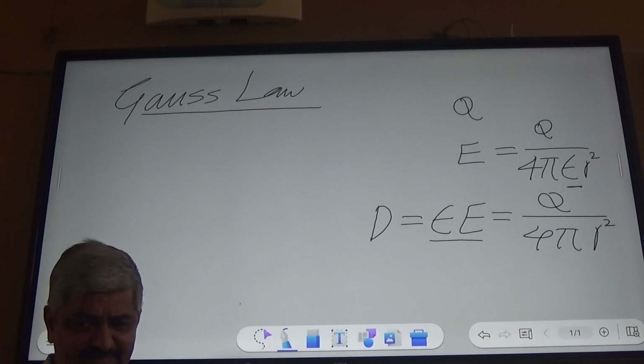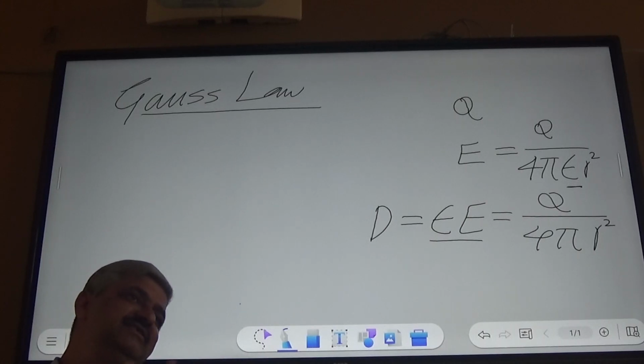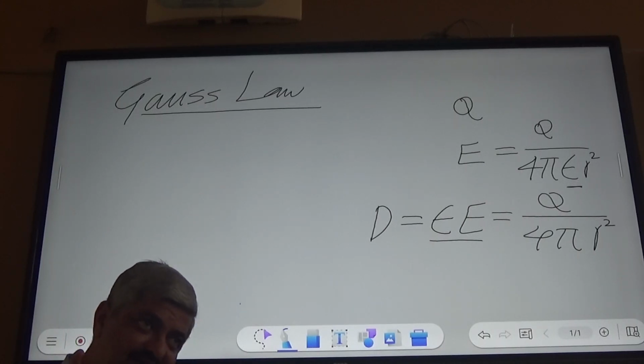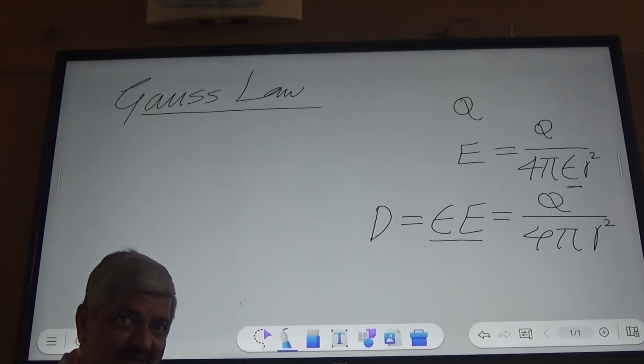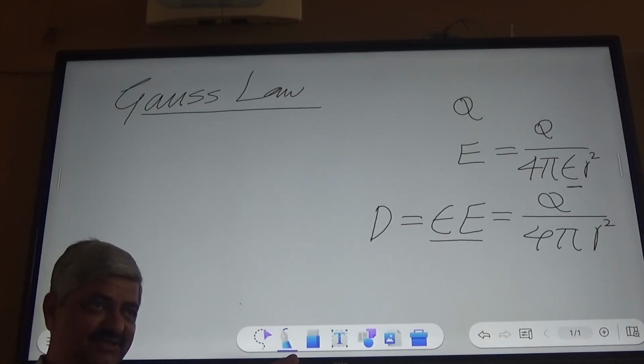When we talk of a line, straight line, obviously it is in a single plane.